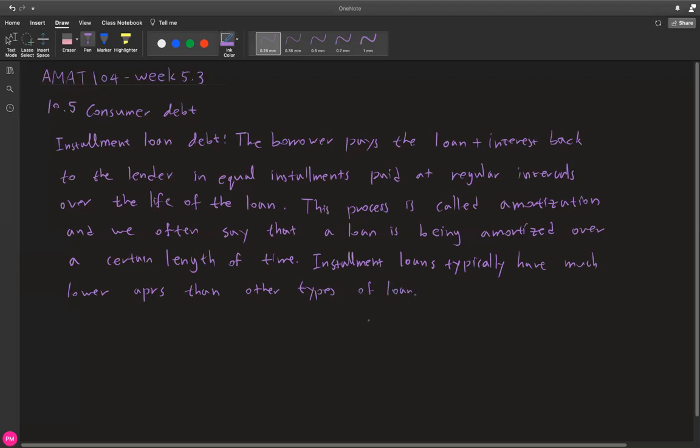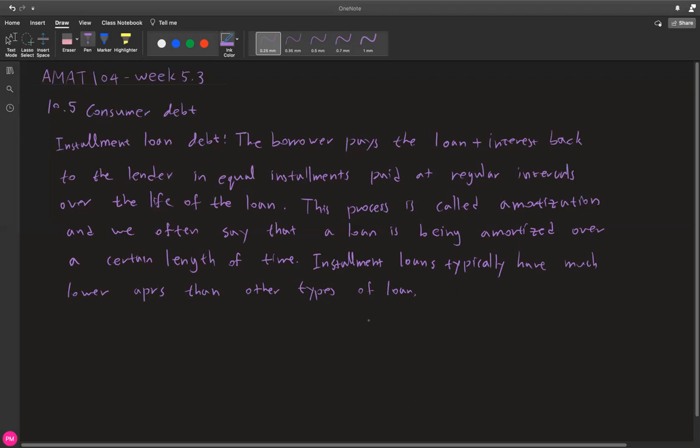So oftentimes we call this type of loan financing. So you finance a house or you finance a car. So basically, with an installment loan you are purposefully planning your payment plan as you take out the loan. And instead of paying the full amount at the end of the term, you are simply making a monthly payment or yearly payment, weekly payment, bi-weekly payment, whatever it is, for a promised interval of time.